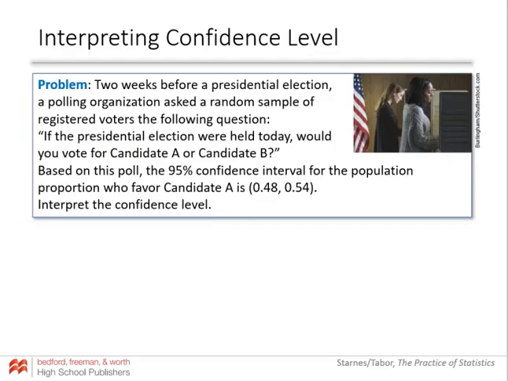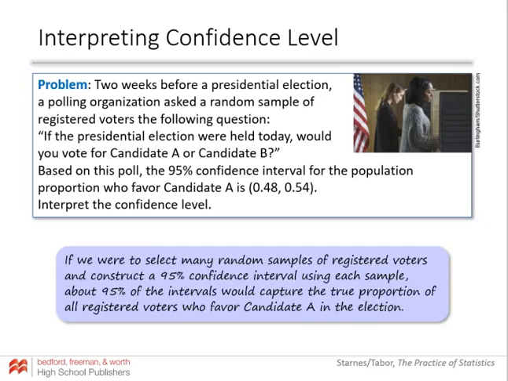So same thing, we did a 95% confidence interval, and in the last one, we did the interpretation for the confidence interval. This is our interpretation for the confidence level. All right, so you want to make sure that you understand the difference between the two, and that we are using the correct terms and the correct interpretation based on what the question is asking.